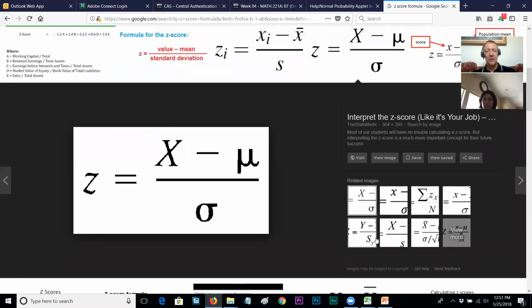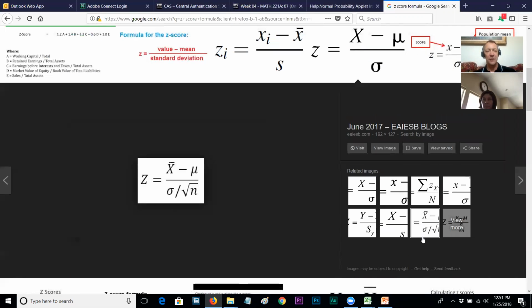And then you're going to see a very similar formula. I think this is going to be lesson 6, and then in lesson 7, they're going to give you this formula, which looks very similar: Z equals X bar minus mu over sigma over the square root of n.